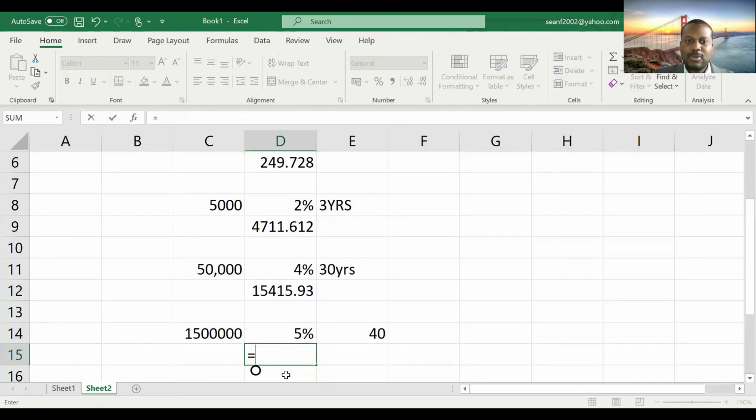All right, so this one is a little bit more on the tricky side. So 1.05, and we're going to raise this to 40. And then we minus 1.